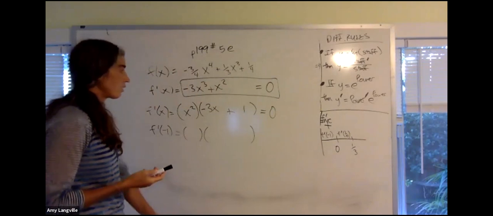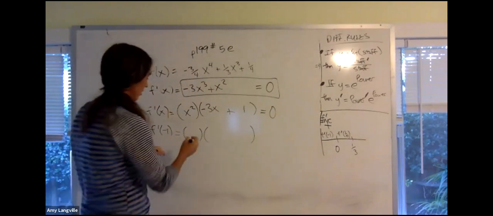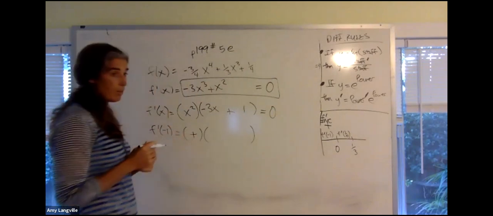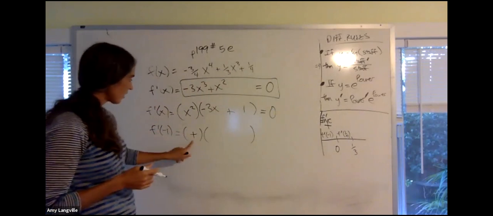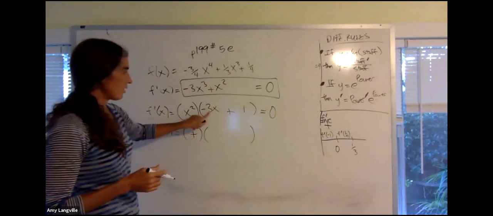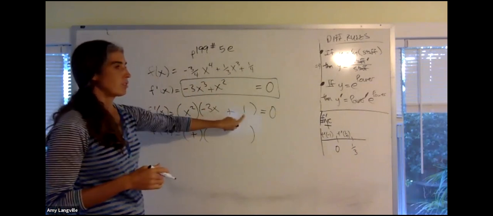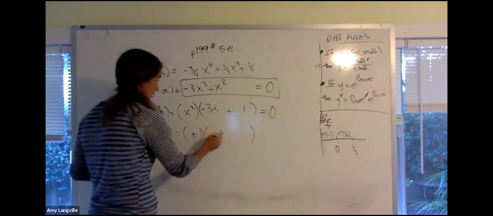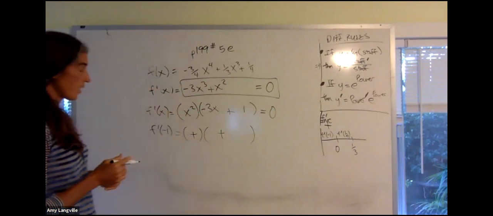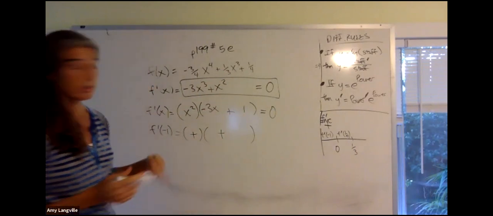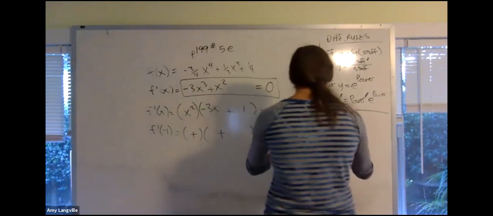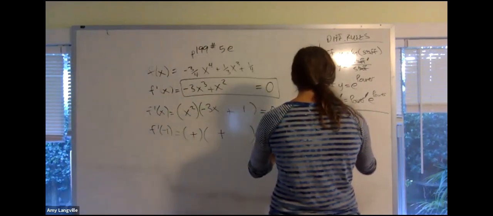So 1/10 squared, 1/10 times 1/10, that's 1/100. It doesn't really matter, it's just positive, right? A positive times a positive is positive. And then -3 times 1/10, that's -3/10 plus 1. So that's going to be positive. Positive times positive, positive. So the next interval is also increasing.